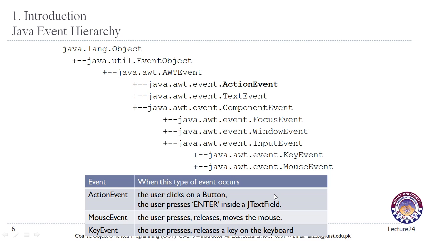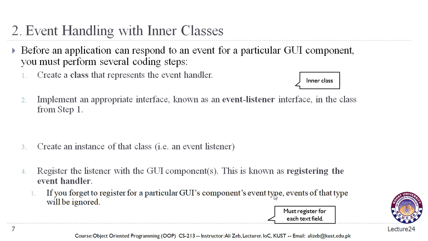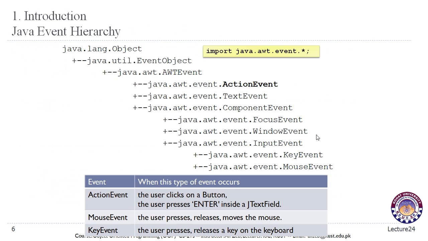And then there are key events: the user presses or releases a key on the keyboard. All of this can be imported from java.awt.event. When we need these events, we can import all of these using the static import.